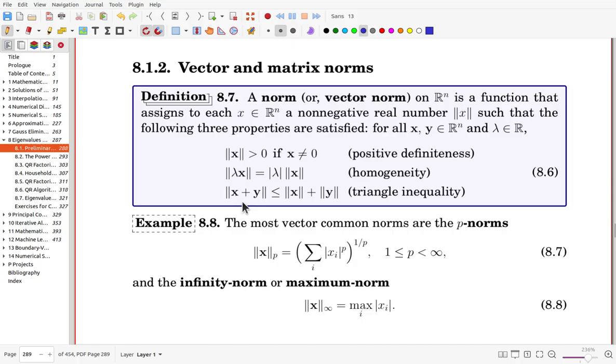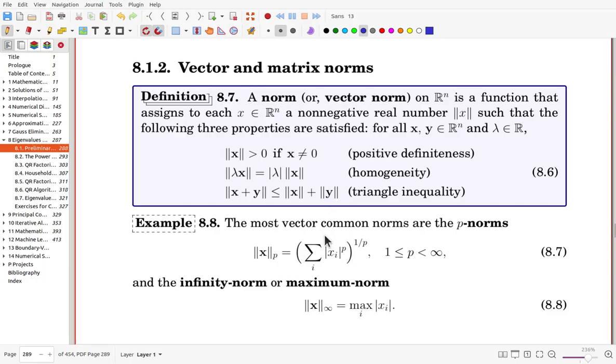And in general, this is the triangle inequality. In each triangle, the sum of the lengths of two sides is always not smaller than the length of the final side. That is exactly a triangle, so that is called the triangle inequality. Once these three conditions are satisfied, then the function is called a norm.